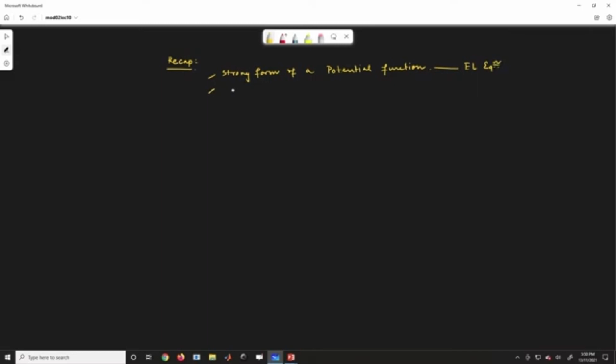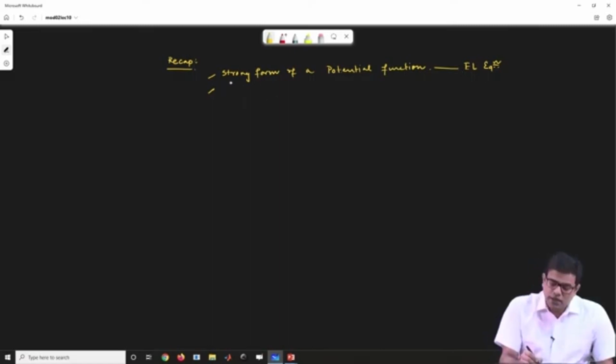Now, when we have the Euler-Lagrange equation, or the strong form of the system, we defined how to construct its variational statement, or weak statement.